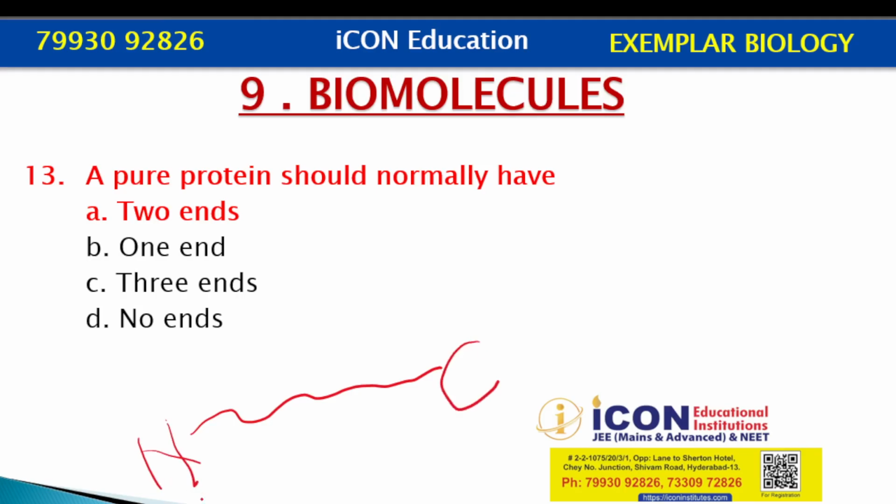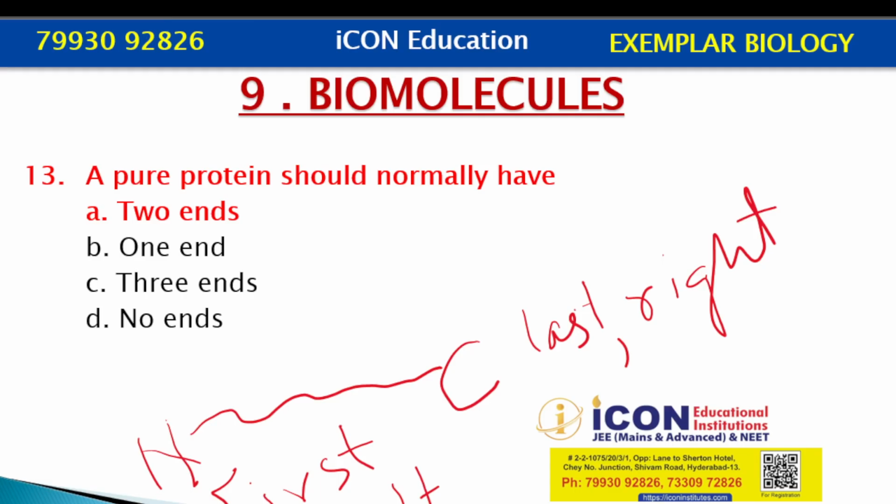The N-terminal represents the first amino acid, which is present at the left end, and the C-terminal represents the last amino acid, which is the right end. So a pure protein should normally have 2 ends.